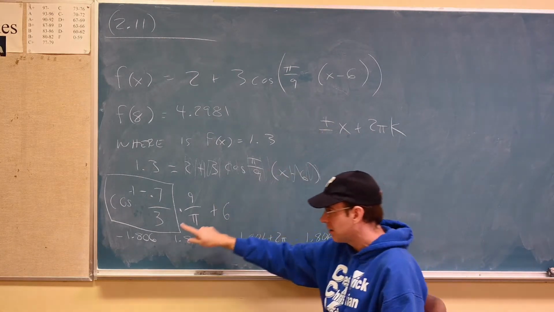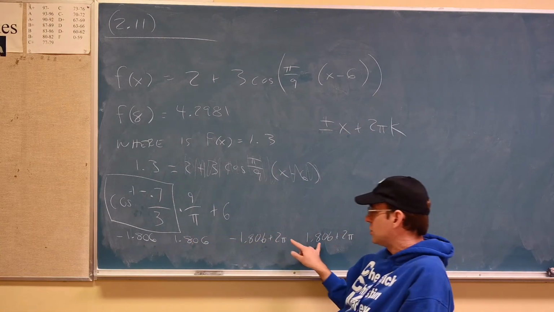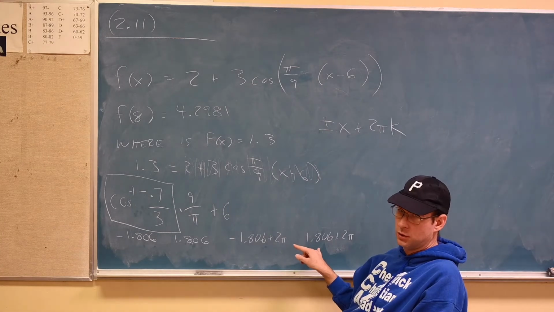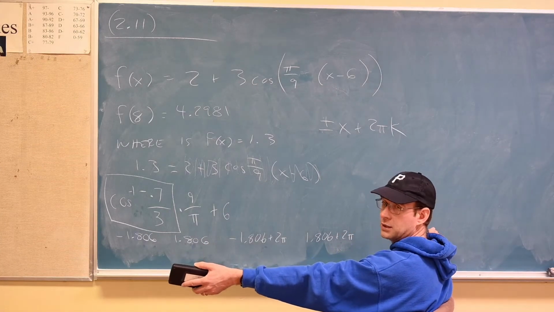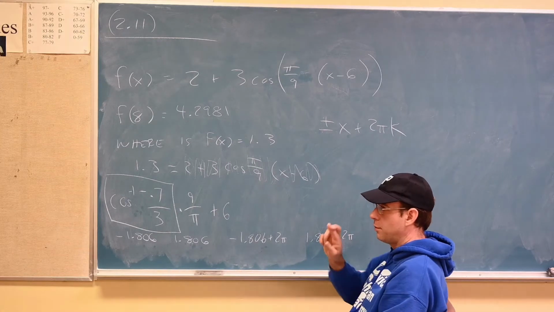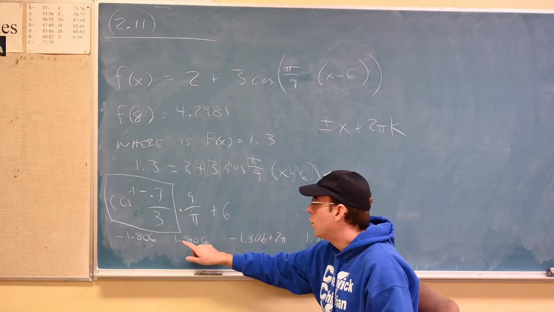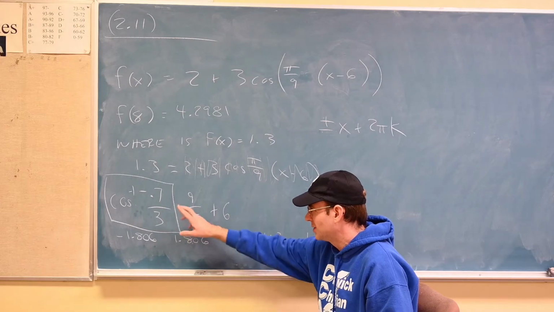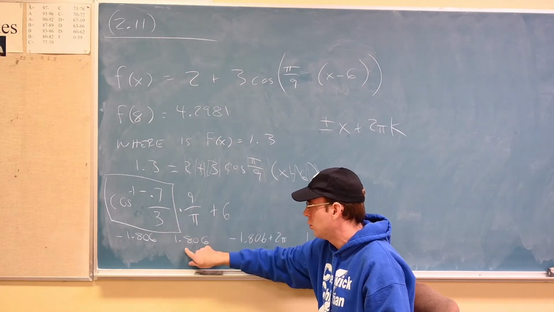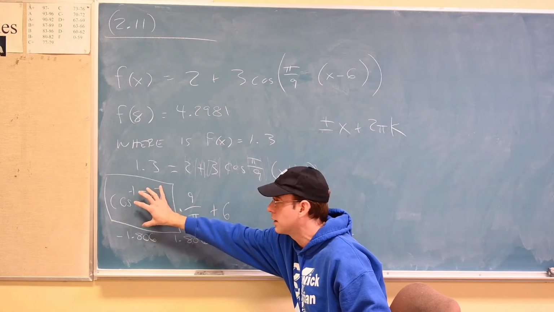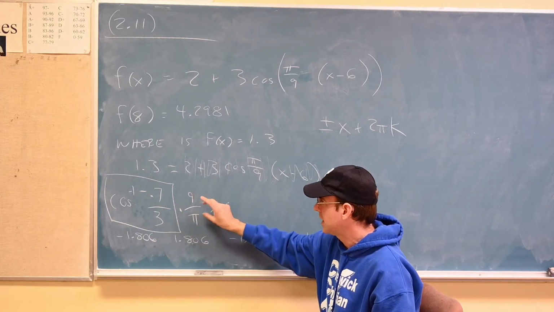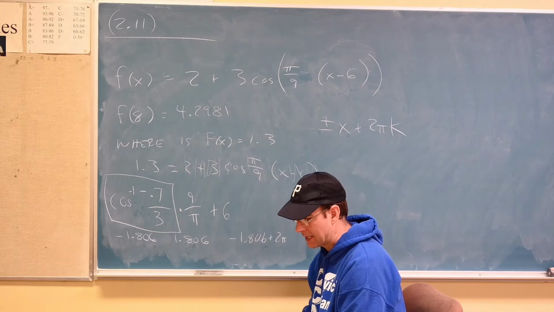We can take the negative version, and we could add 2 pi a bunch of times if we wanted to. And we could have made this list as long as we wanted. I did 4, I could have done 100. I stopped with 4 for now and hope that that's enough. What we now need to do with each of these answers is what I said we were going to do a second ago with the 1.806. 1.806 is only filling this part of the answer. Times this upside down fraction, add 6 has to happen.